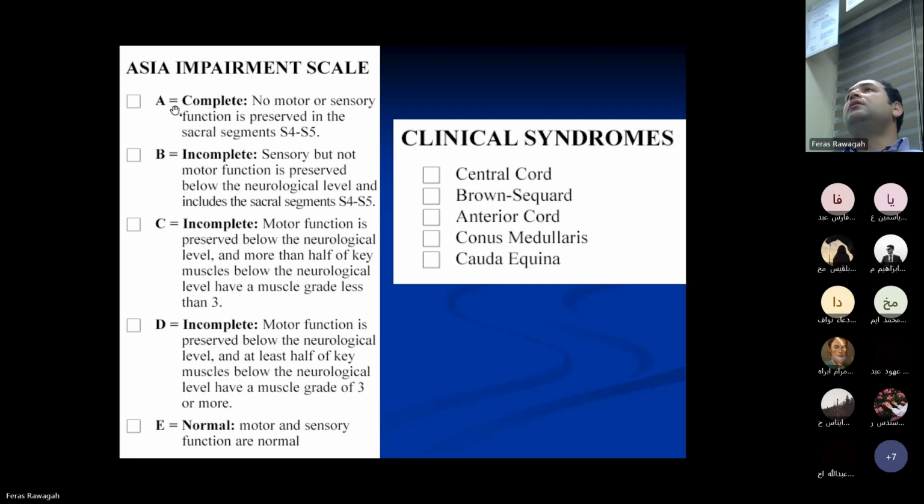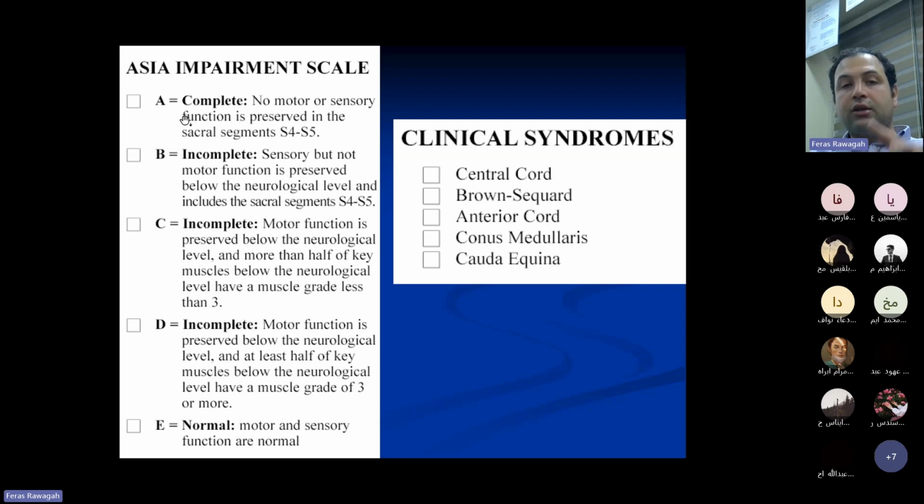A means complete spinal cord injury, complete, no motor, no sensation, everything. Every motor and sensation is gone. And when we do this classification, remember, we just examine the voluntary part. We examine the sensation and we examine the voluntary movement.